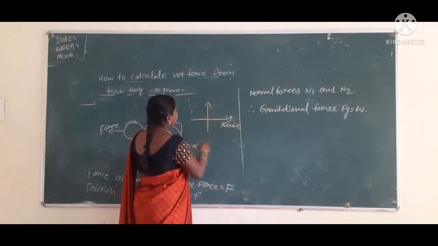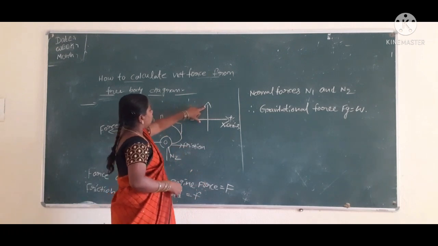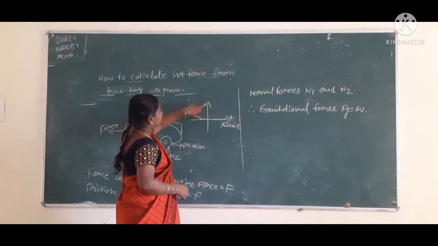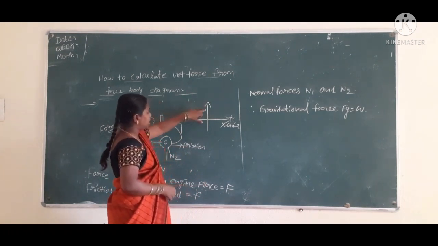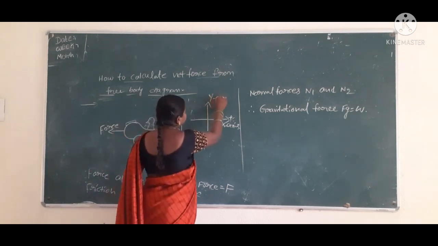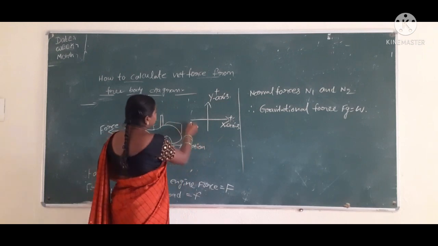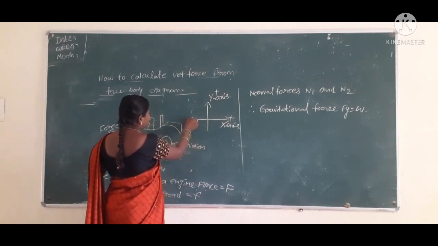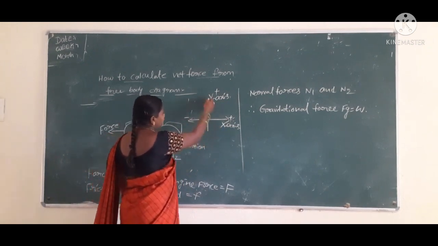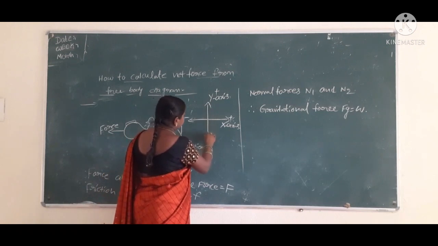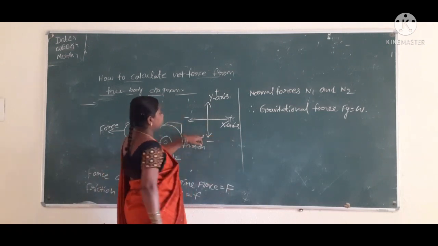So the opposite direction of the x-axis is negative, and the opposite direction of the y-axis is negative.